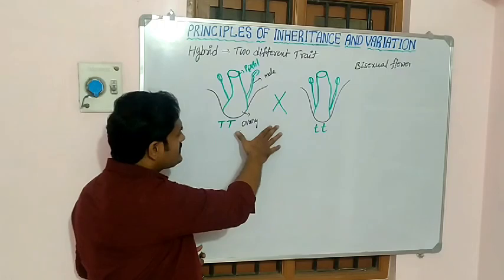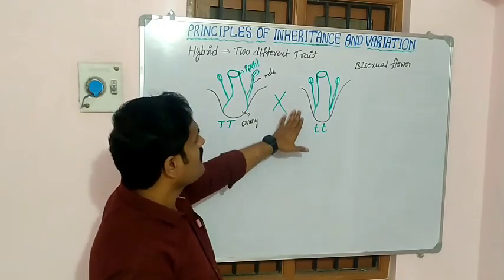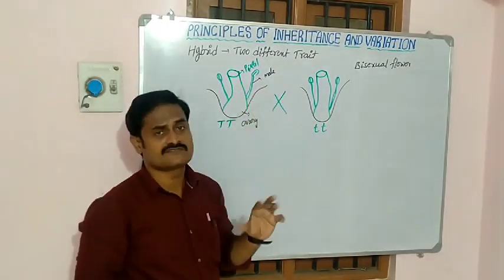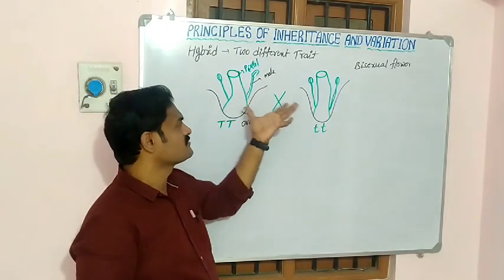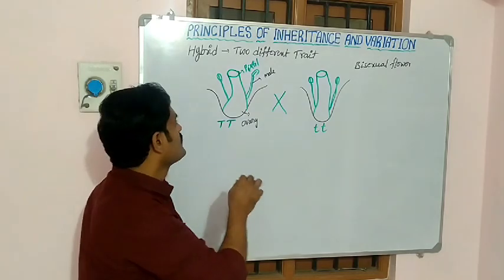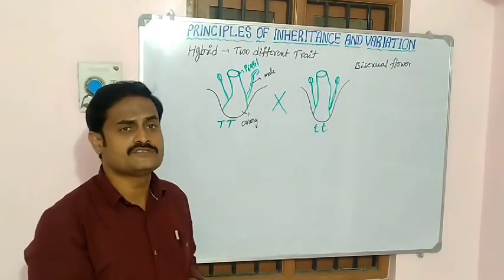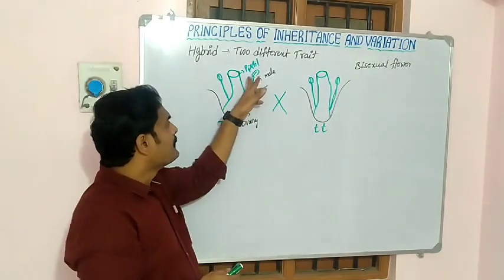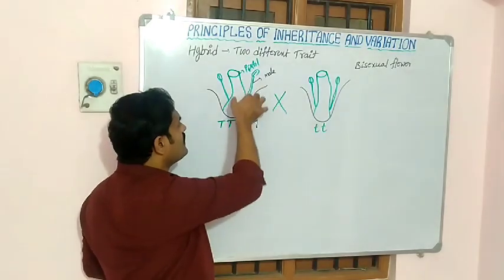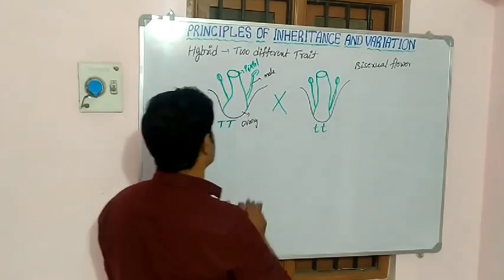When Mendel conducted the crossing between the two plants, he selected one flower from each plant. First, while the ovary was not yet matured, before maturation of the ovary, Mendel removed the anther from this flower.